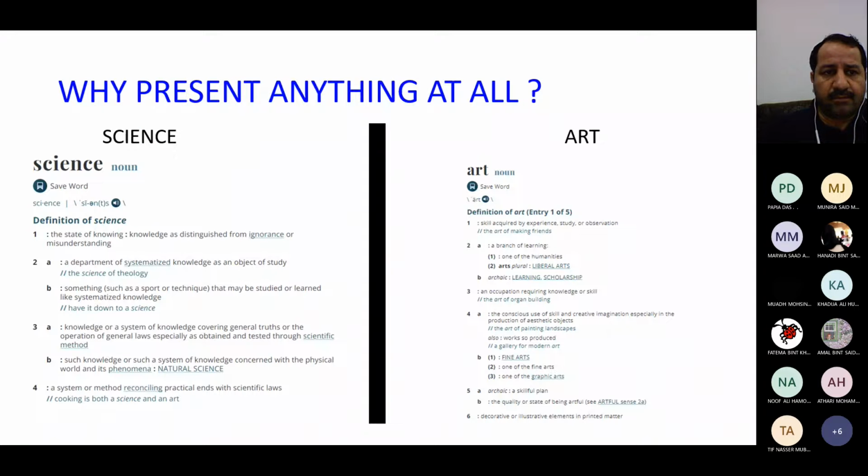Now here I try to compare between science and art. Definitely, engineering is more related to science. If I read the definitions for science, I will pick, for example, number 3: knowledge or a system of knowledge covering general truth or the operation of general law, especially as obtained and tested through scientific method.